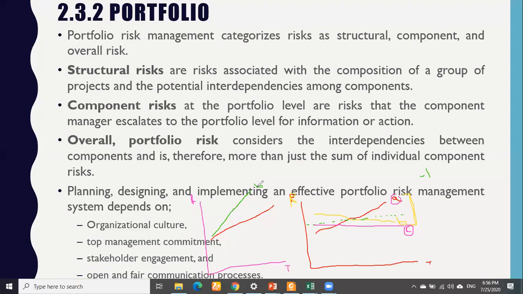This is B, and this is A. Now, this is another portfolio. This is portfolio 1, and this is portfolio 2. Which of the portfolios is exposed to the risk? 1 or 2?